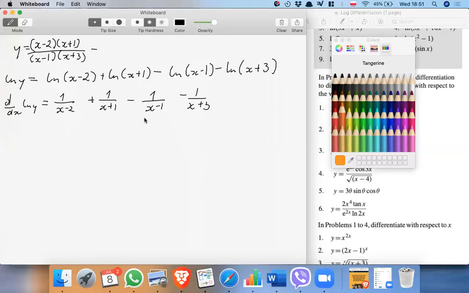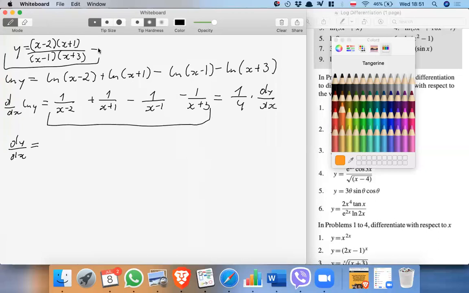And this particular expression is the same as 1 over y times dy/dx. So to get dy/dx, all I need to do is multiply this expression by y, which is this function here.